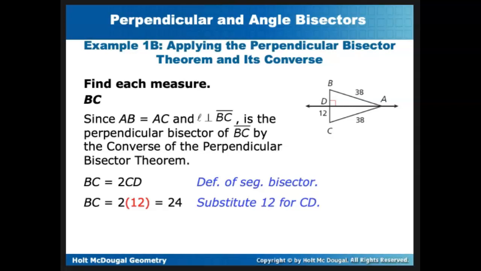And there it is written out, 24 units, of course. Remember the units. Units, inches, centimeters. Just make sure you put on some sort of length units since it's not given.